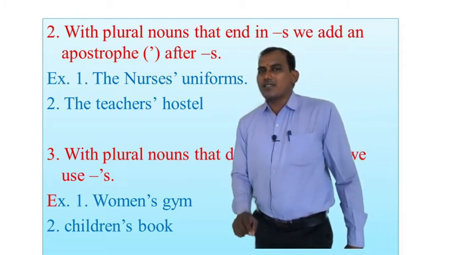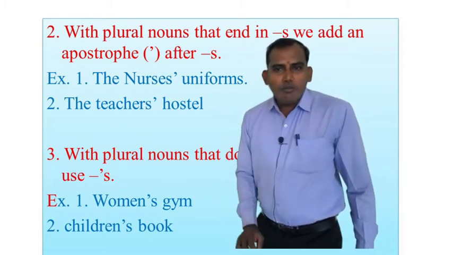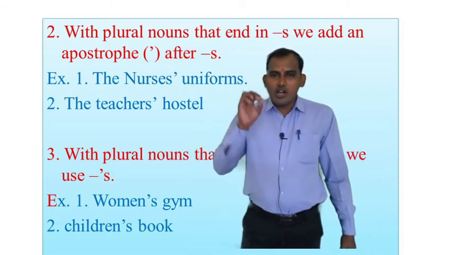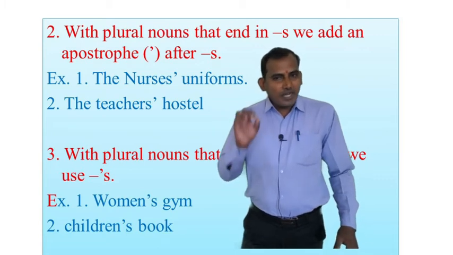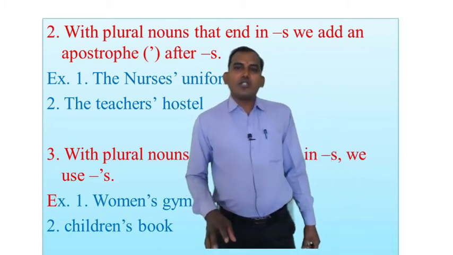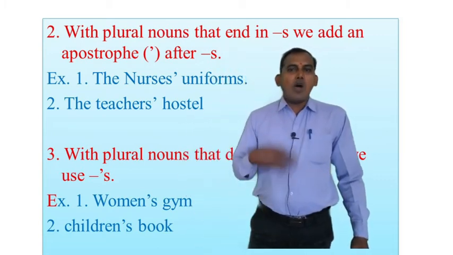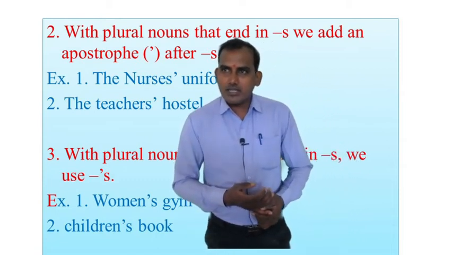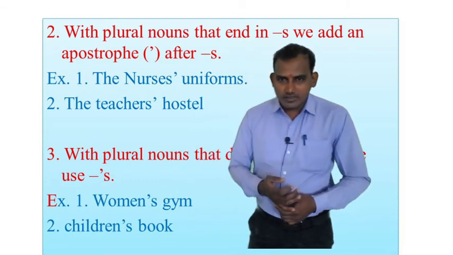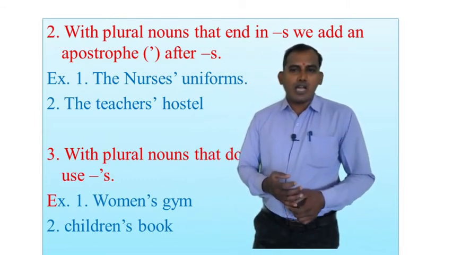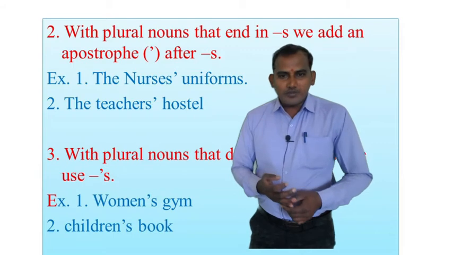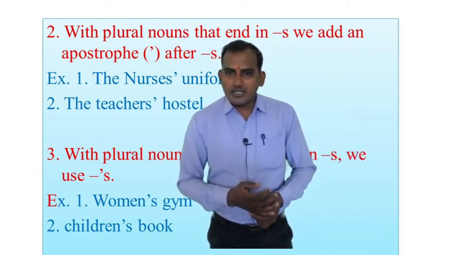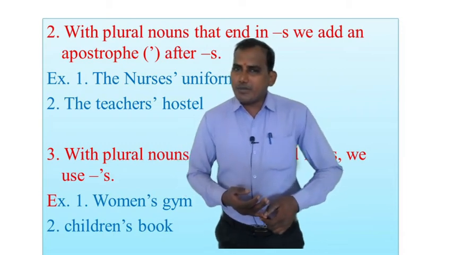So in this lesson we have seen that a noun may be used as subject or object to show possession in the sentence. According to it, a noun may be in the nominative case, objective case or possessive case. These are the three cases. After that we have seen what is meant by nominative.